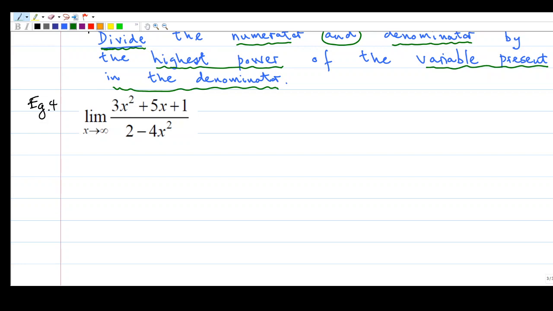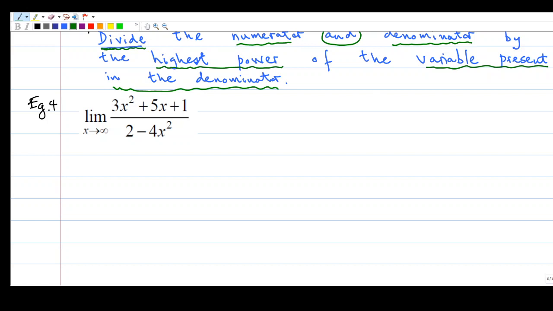The variable in this case is x, and the highest power of the variable present in the denominator, you can see it's x squared. Right? So you divide the numerator and the denominator by the highest power of the variable present in the denominator. So in this case, we divide the numerator by x squared.